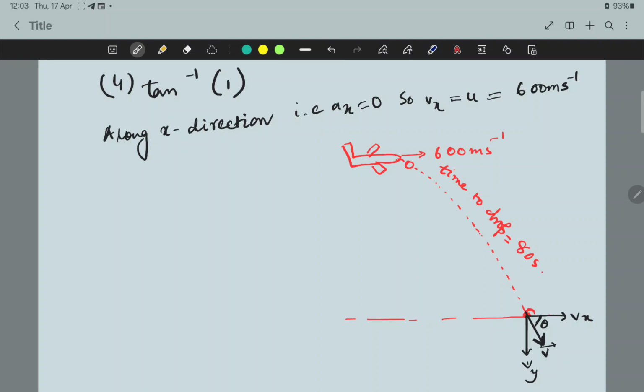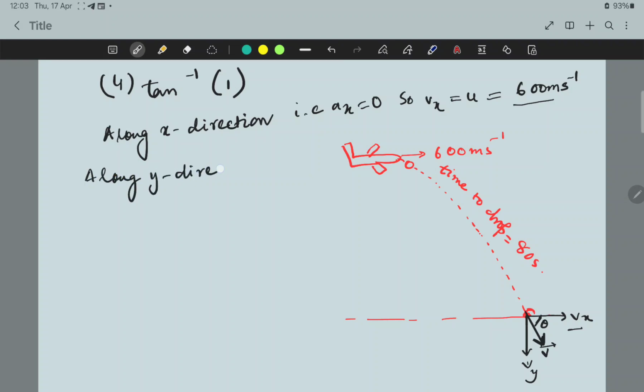its velocity is v, which has two components, one along the x direction, which is Vx, that I have written as 600 meter per second, and the y component is towards the ground, that is on the negative side of y axis, which is given by Vy. So Vx is given to us along y direction.